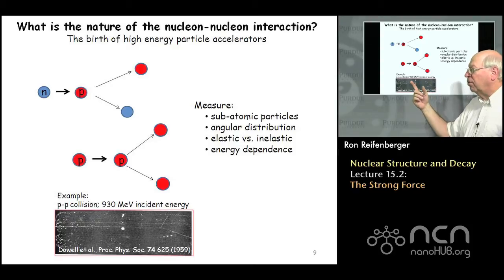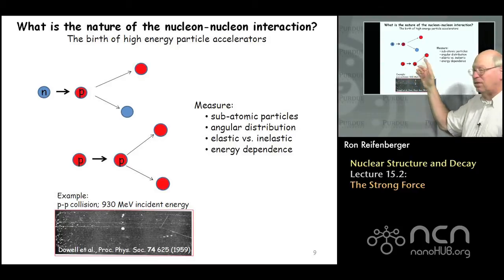So for instance, by producing high-energy particle accelerators that cause protons to interact with protons, neutrons to interact with protons, and by taking pictures of these interactions using photographic plates. That's what was used in the early days. Photographic plates would capture the tracks of these particles as they interacted.